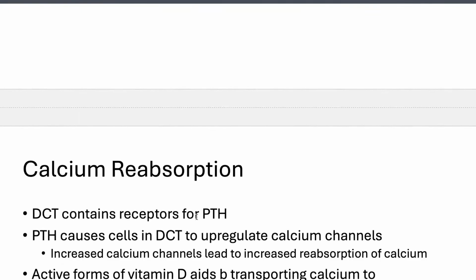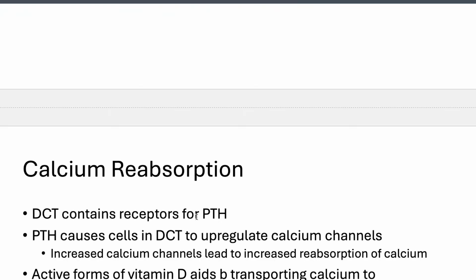The distal convoluted tubule contains receptors for parathyroid hormone. So the DCT has parathyroid receptors, meaning that the parathyroid hormone aims to increase calcium in the blood.